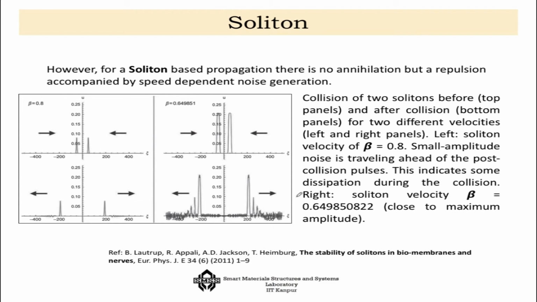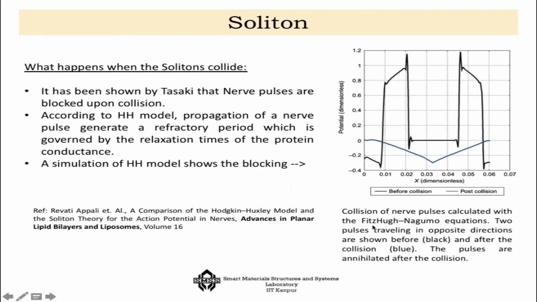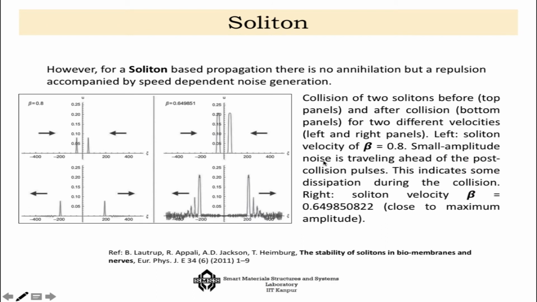So this is something that does not happen in the case of the simpler version, the H-H model, where you can see that there is a complete annihilation happening. So the Hodgkin-Huxley model predicts a complete annihilation of two waves, whereas for soliton collision this does not happen.